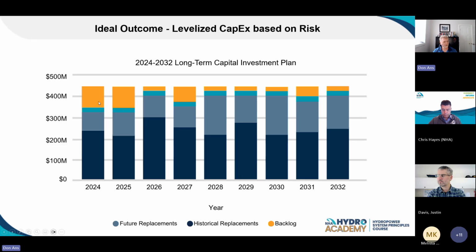In theory, you should be able to keep your investment levelized. And the whole intent is that you could then come up with a target that meets your risk requirements, and your management understands those risks, and they get to see a level target. So none of this reactive stuff.